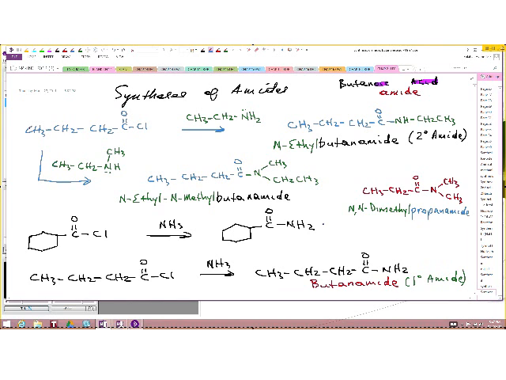Okay, so now we've given you a method for making all three different types of amide.